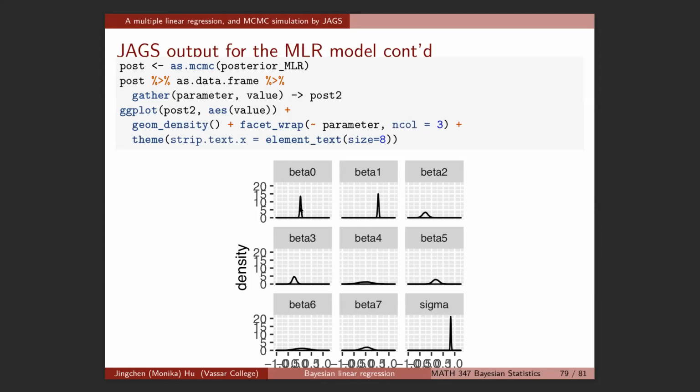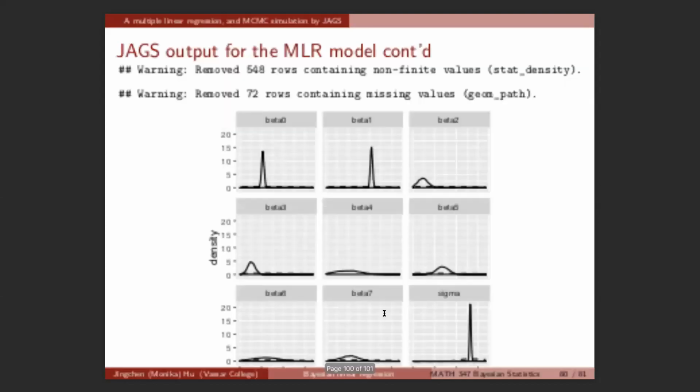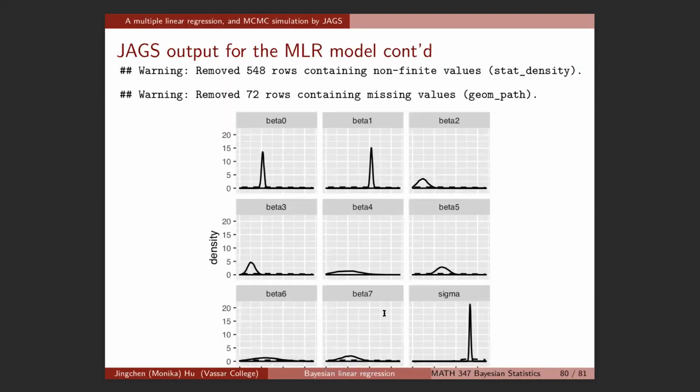In this case, remember, for beta 0 through beta 7, we used the same normal 0, 1 prior for all of them. But now you can see how the posterior is different. On the next page, it's hard to see, but the dashed line is the prior density. I'm adding the prior density to each of the posterior densities that we have for each of the parameters.